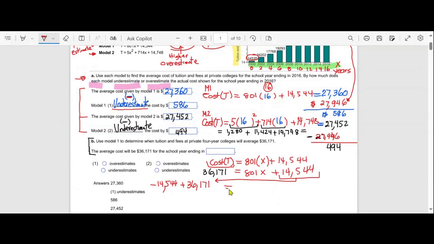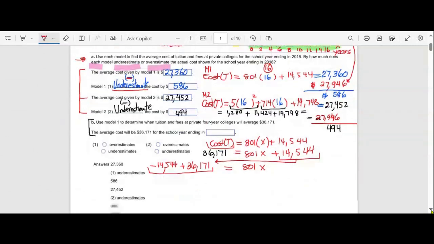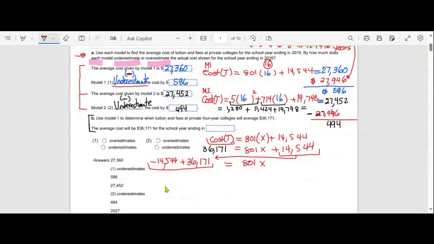Tell me how much this will be. Use the calculator. If you subtract this number from that number, what's the answer?